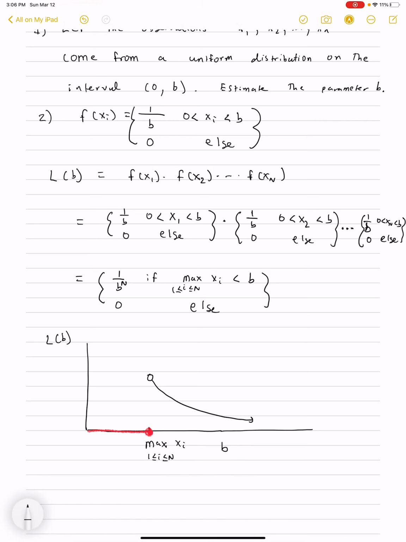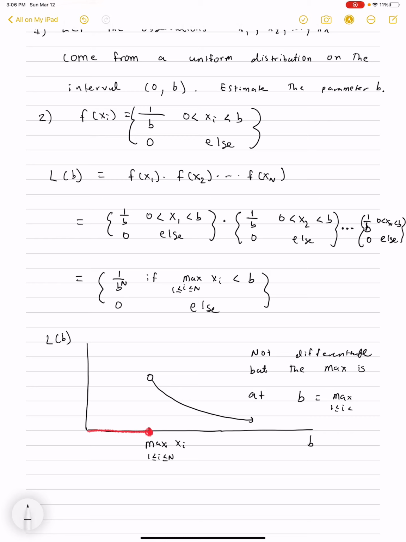This is not differentiable. But the max, we would say, is at the value b, and let me move this b here to resemble the b-axis, at b equals the maximum of each of our observations.